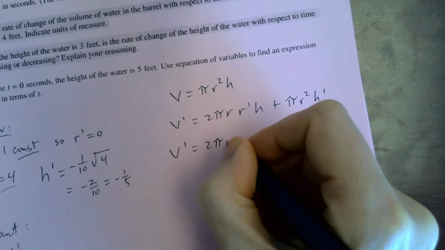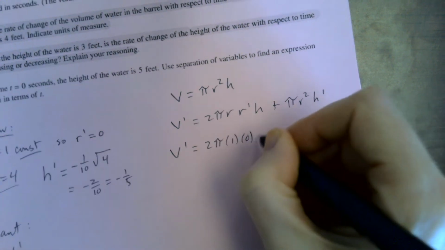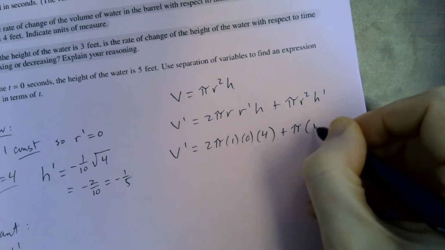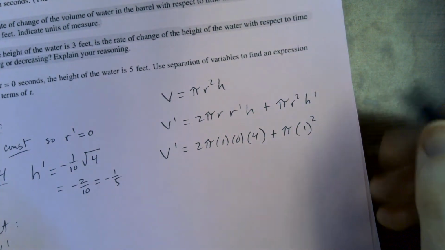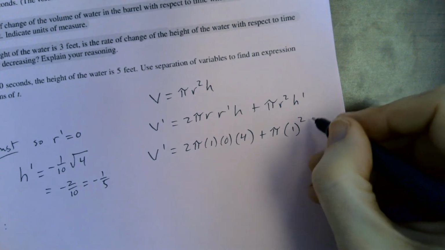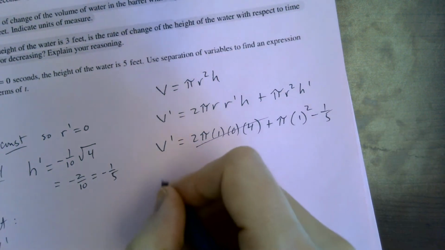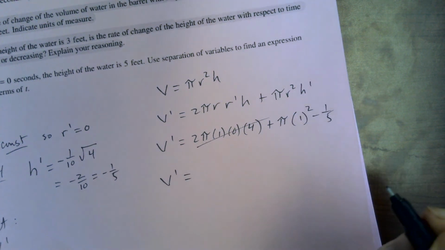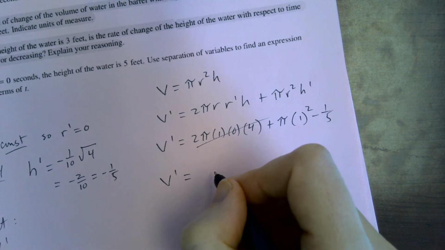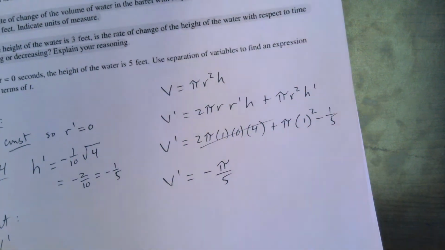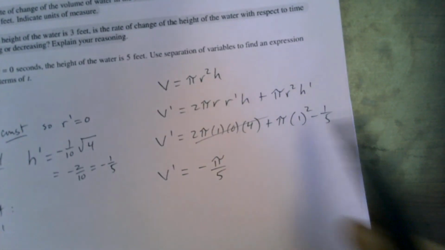So this is 2 pi times 1 times 0 plus pi times 1 squared times h prime, which is -1/5. That whole first term is 0. So V prime is negative pi/5.